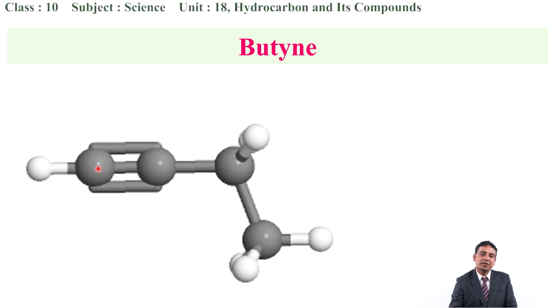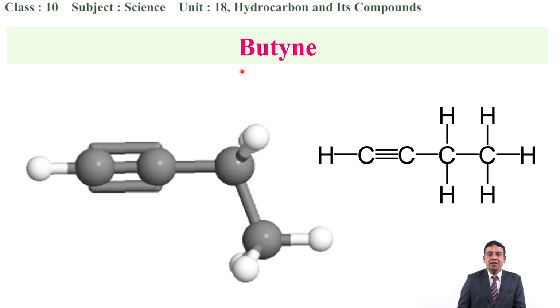That means this represents a carbon atom, this also represents a carbon atom, and there are triple bonds. So this is butyne, because "but" represents 4 carbon atoms in a hydrocarbon. And structurally, it can be represented by this structure.